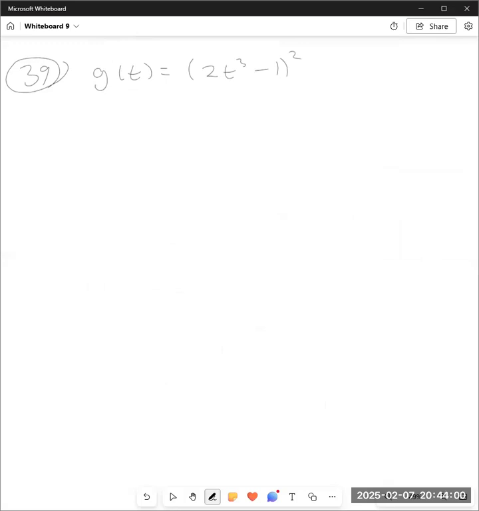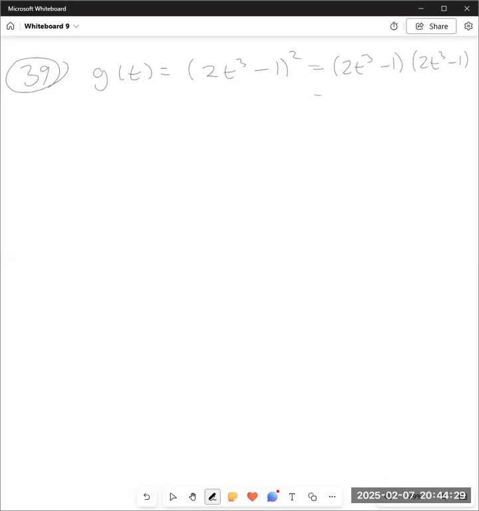So we're going to have to expand this out, or we're going to have to use the product rule. They do want us to use the product rule. So I'm going to write this as 2t cubed minus 1 times another 2t cubed minus 1.